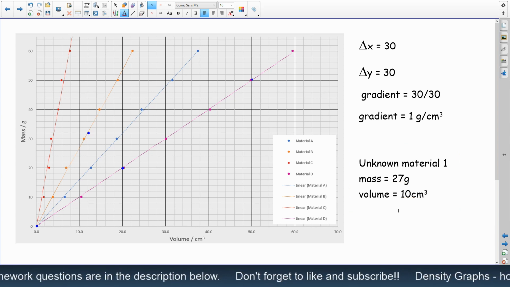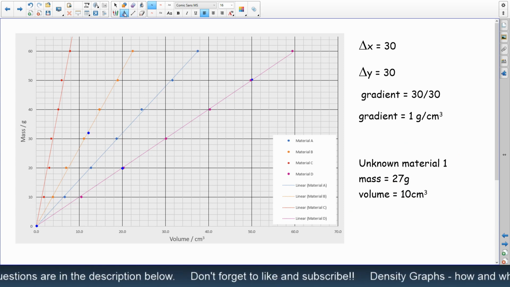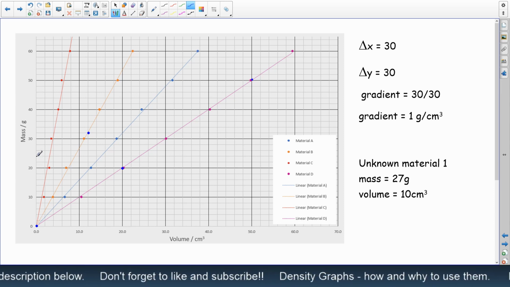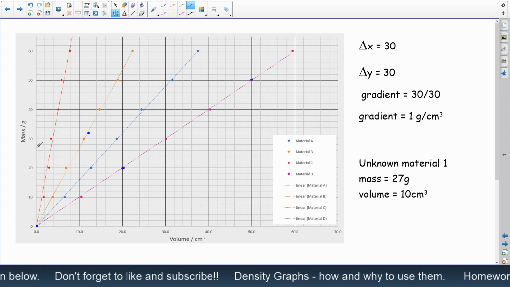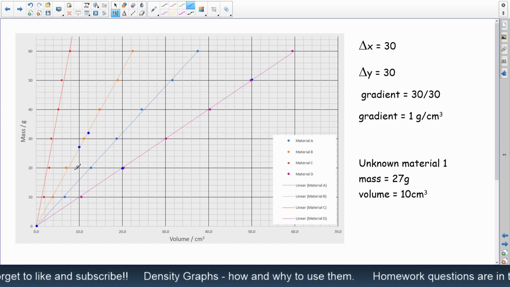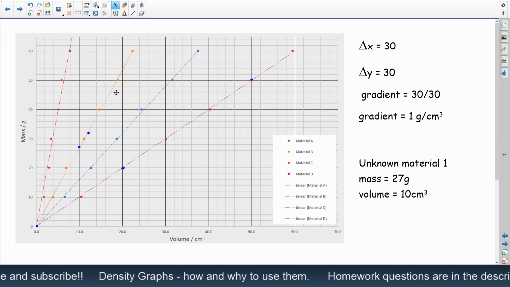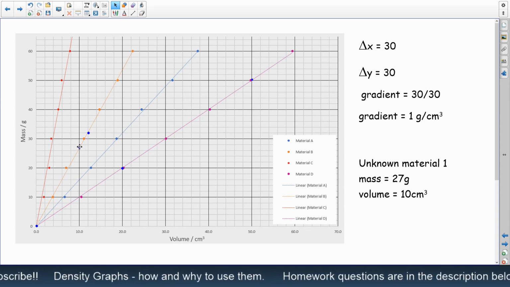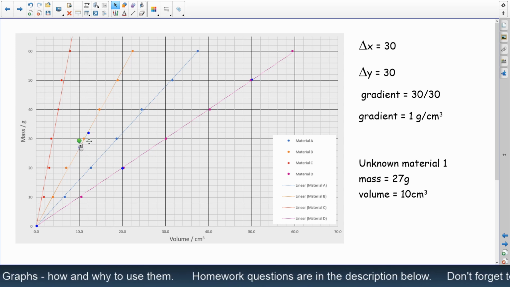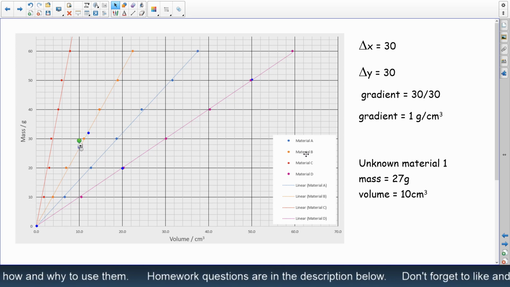Well, because I've got a graph, I can actually just go and plot that point. So if I've got a mass of 27, there's 2, 4, 6, 27 is halfway in between, and a volume of 10 puts this point here. And because that point is on the orange line, we can say that material is probably material B.